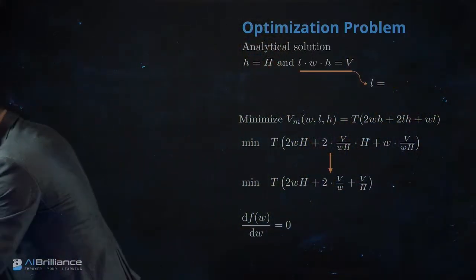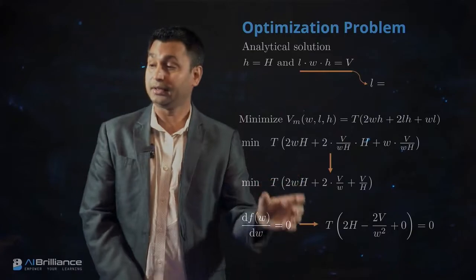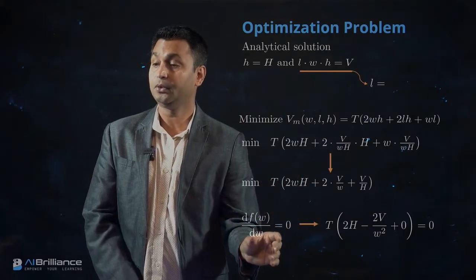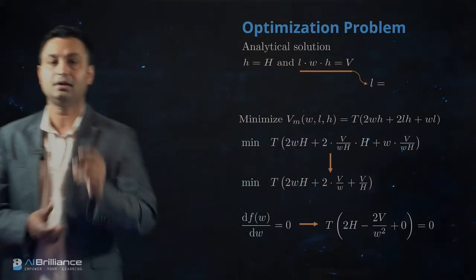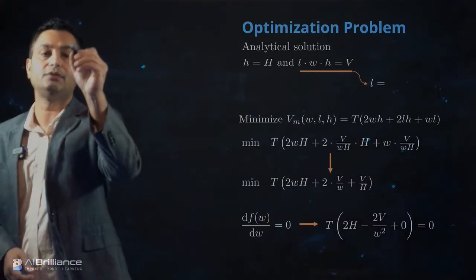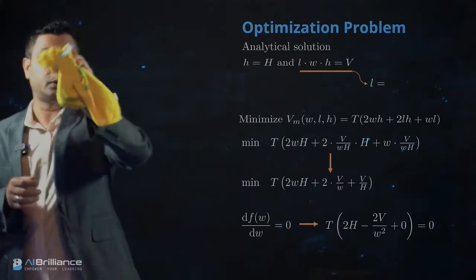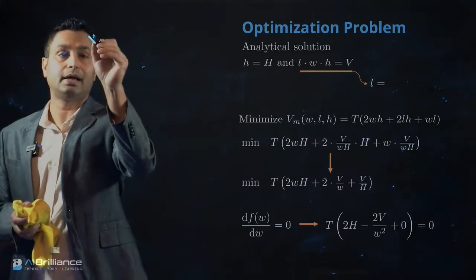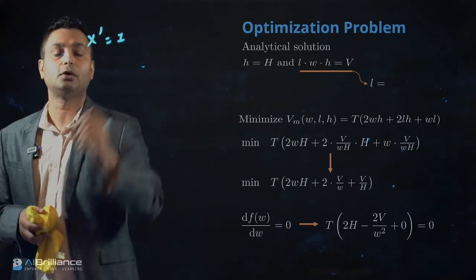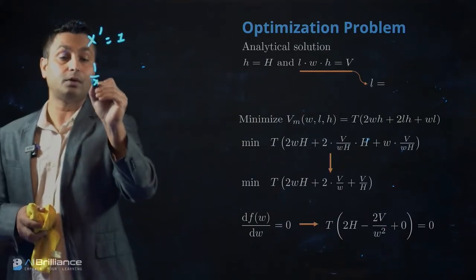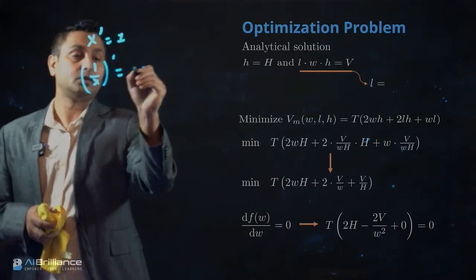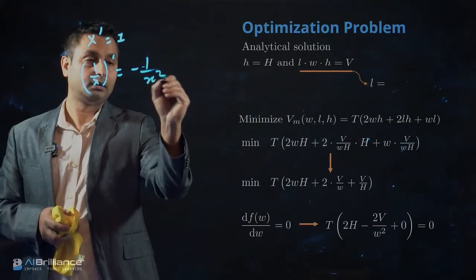If we go ahead and take the derivative of this function with respect to W, there are a couple of things that you can notice. The derivative of x is equal to 1. If I take the derivative of 1 by x, this is going to be minus 1 by x squared.